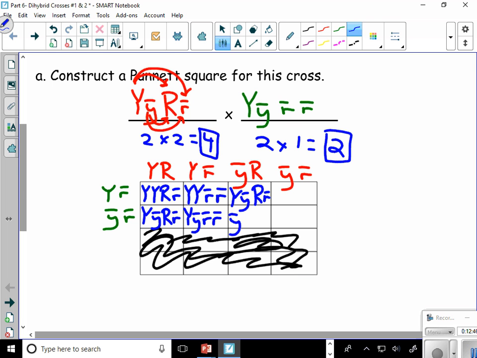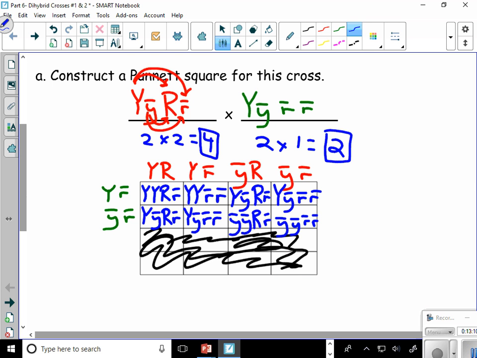Lowercase y, capital R, lowercase r. Capital Y, lowercase y, lowercase r, lowercase r. Finally, lowercase y, lowercase y, lowercase r, lowercase r.